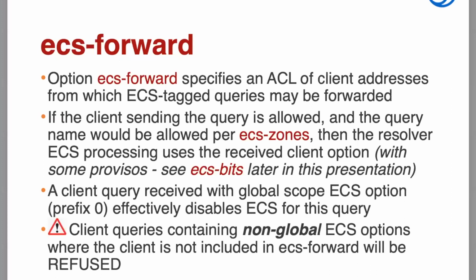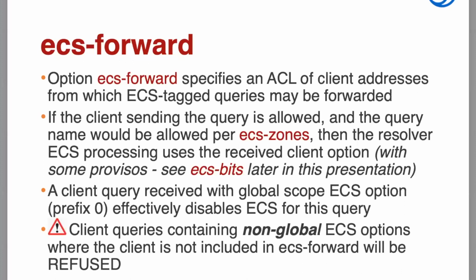I'm going to mention at this point because it's useful to know. So we have said all the way through, okay, my resolver is now configured to reveal the client subnet to the authoritative server on its behalf. But the client can actually disable that itself. If it puts its own prefix 0, that means global scope, no subnet information provided at all.